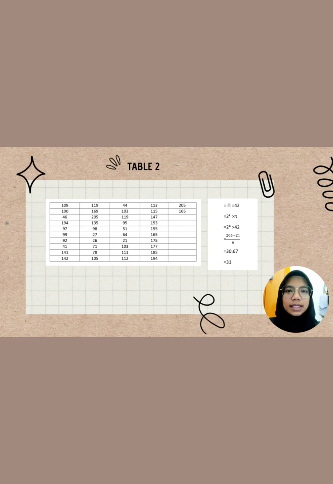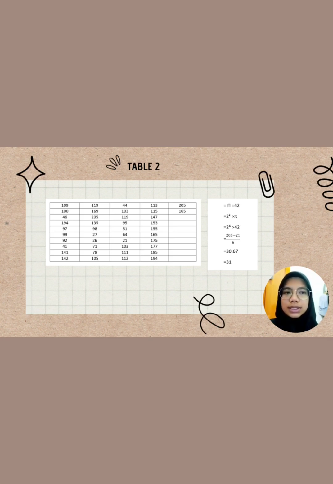Okay, next. For all of the numbers on table 2, rows 1 and 2 have full numbers in the row based on table 2. The total number of columns is 42.